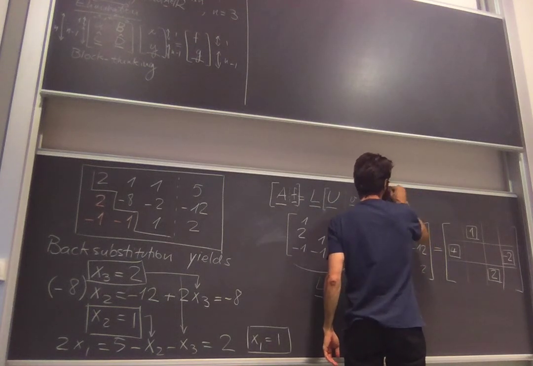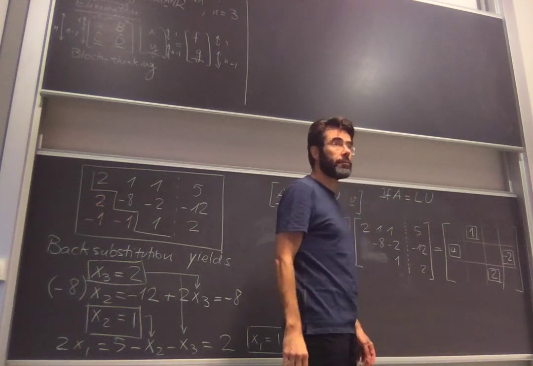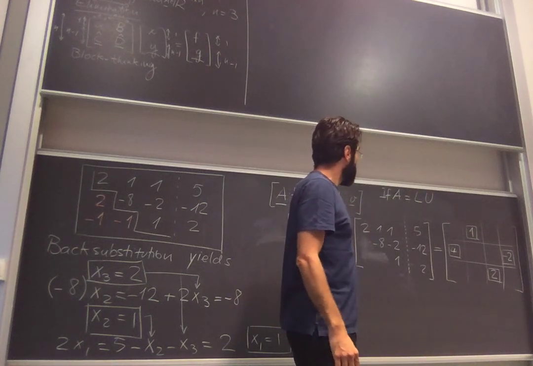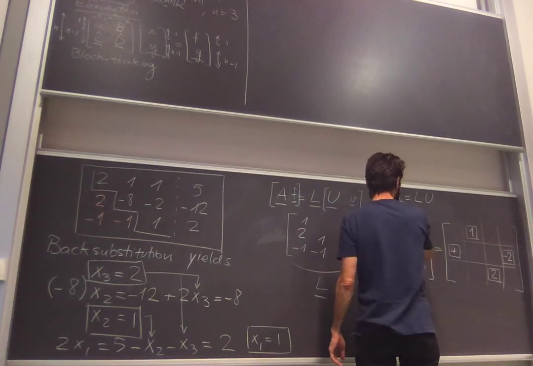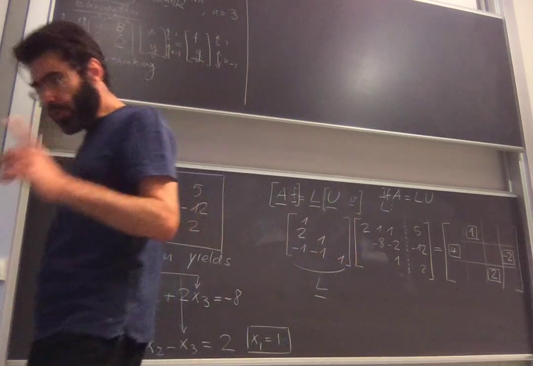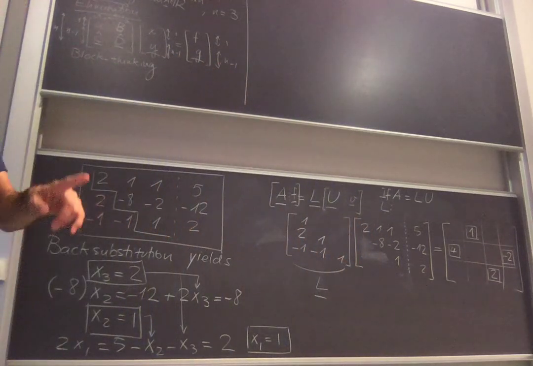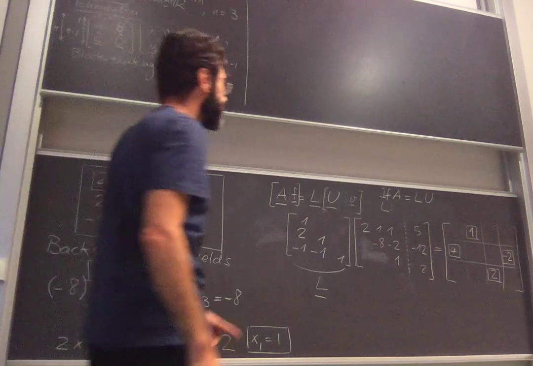So if A equals LU, so the technical name for L is normalized lower triangular, or diagonally normalized lower triangular.